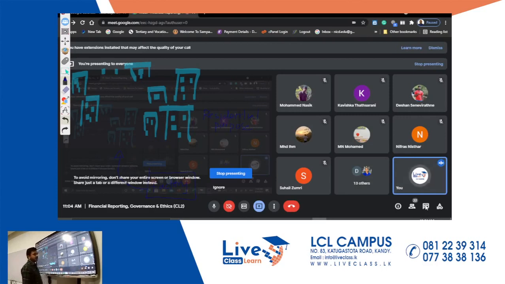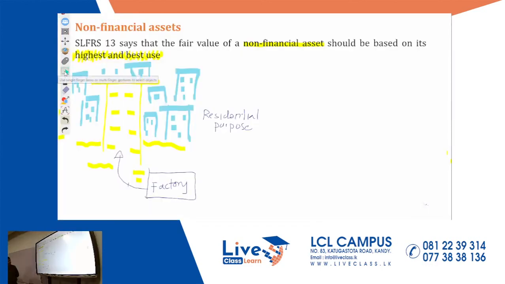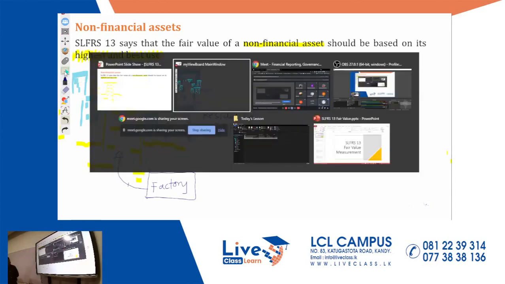Is this building useful to have a factory, or to have a high-rise apartment? What should be the best use of our building?